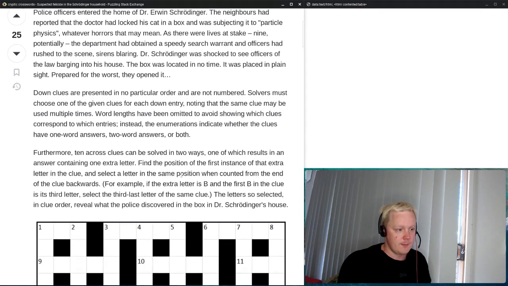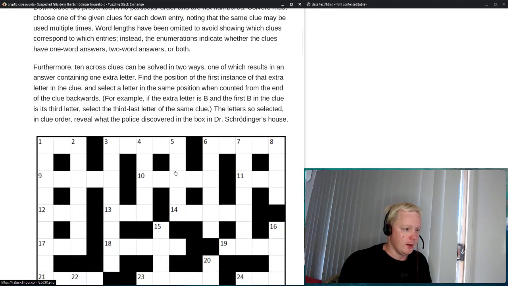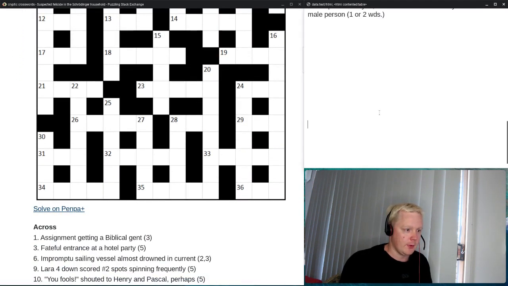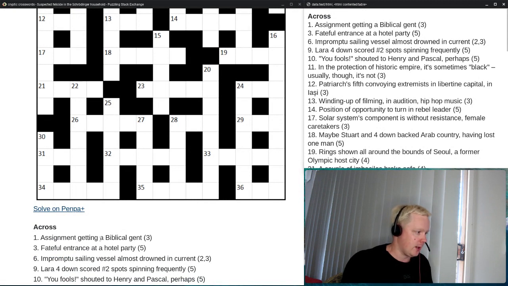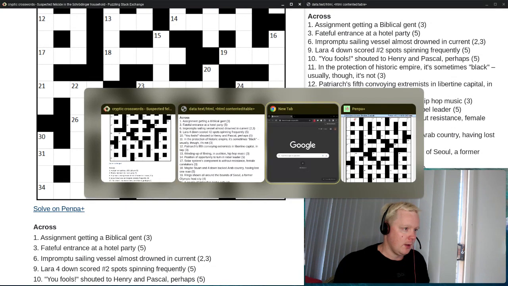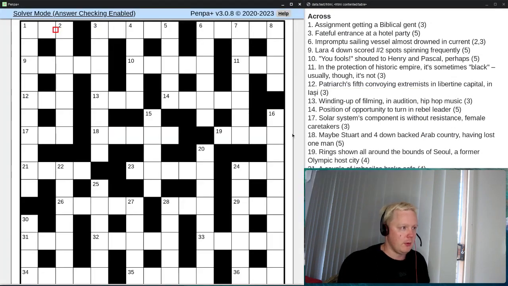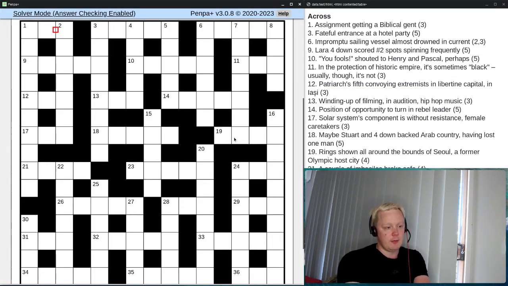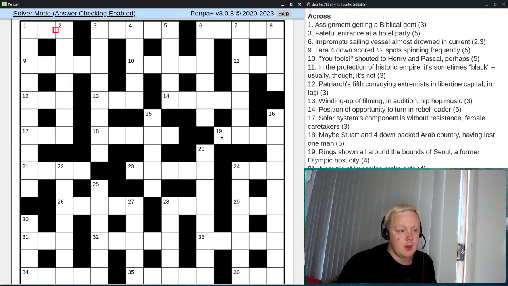Those are the rules. I have the clues written separately here, and I'm going to open the grid separately here. But since we have sort of weird rules, it's worth thinking about where the best place to start is.